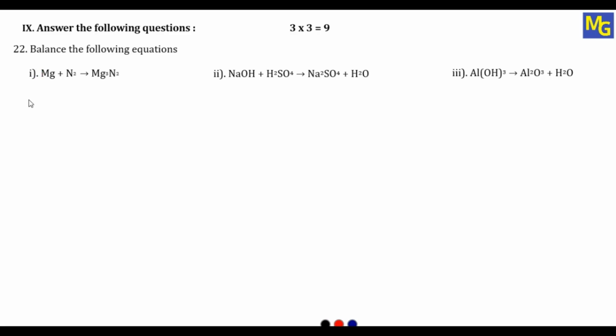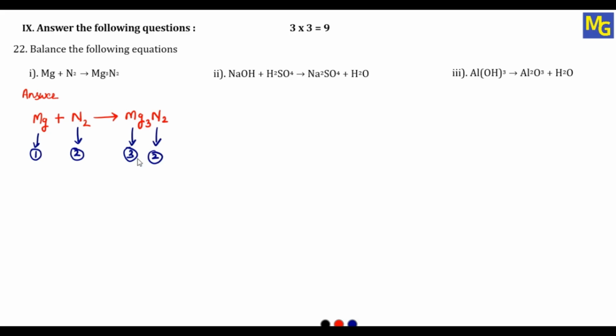So I'll write it here once again so that it will be neat to balance the reaction. Answer: Mg plus N2 giving Mg3N2. Now if you see, as I told, here Mg is 1 and N is 2, but on the right Mg is 3 and N is again 2.